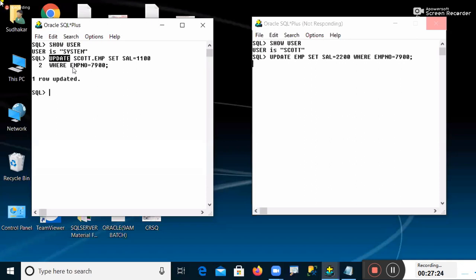Commit means the transaction is successfully done; rollback means the transaction is cancelled. Then only the second user's request goes to processing. Come on, guys, is the concept understood now? Yes or no?